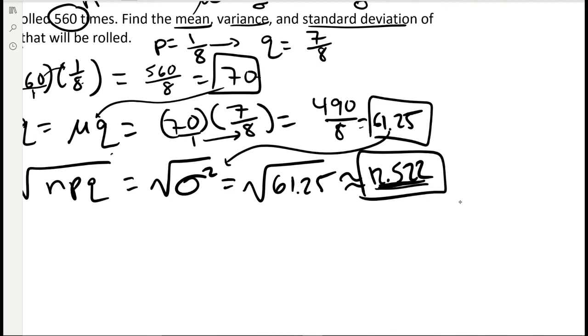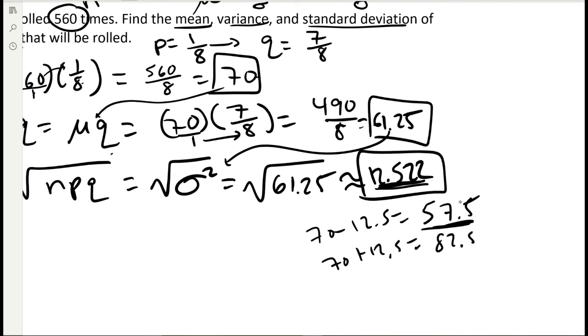What is 70 minus 12.5? It's about 57.5. Or you can have 70 plus 12.5, or 82.5. So these are just averages, of course.